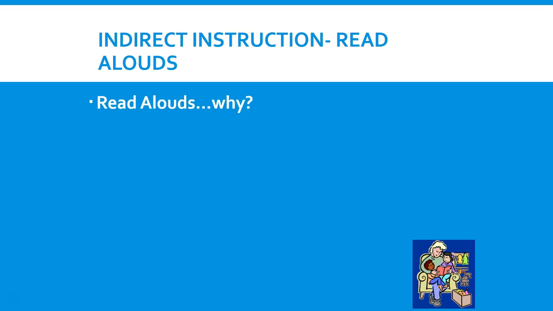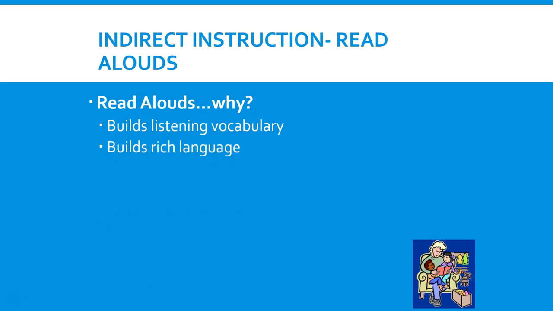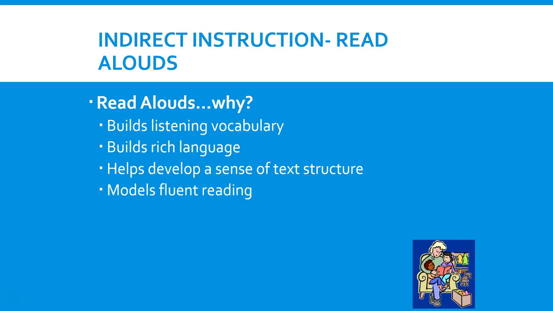Another way is read alouds. So just reading books out loud, having students maybe read with you or doing choral reading. And this builds listening vocabulary. It helps build language. It helps develop a sense of text structure. So if you're reading a story, students can see that stories have a beginning, middle, and end.